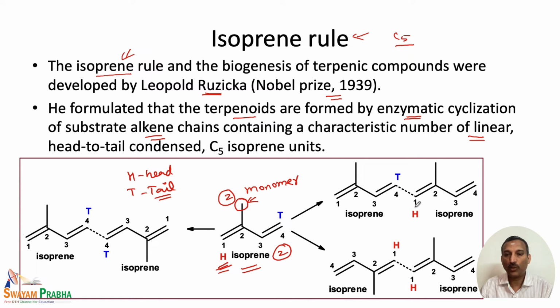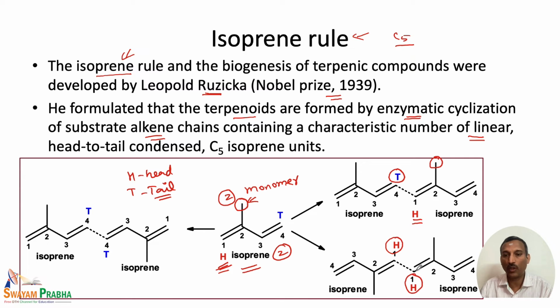This is where we have the methyl group at this particular alkene, the nearest alkene, and this is called the head. And when the methyl group is far away from the alkene unit, that is called the tail. So the head and the tail combine together to give a dimeric unit. And there is another way of combination where two heads can be combined together.